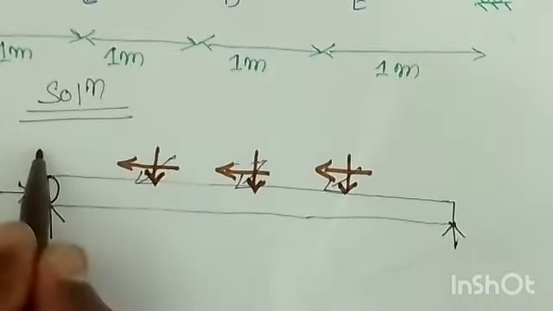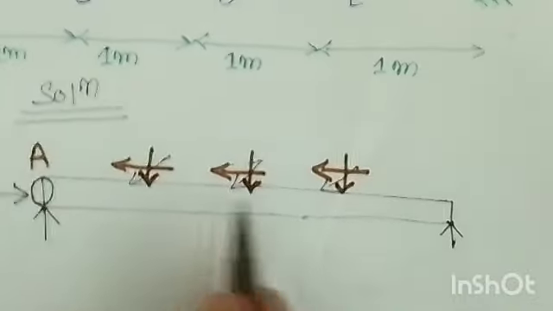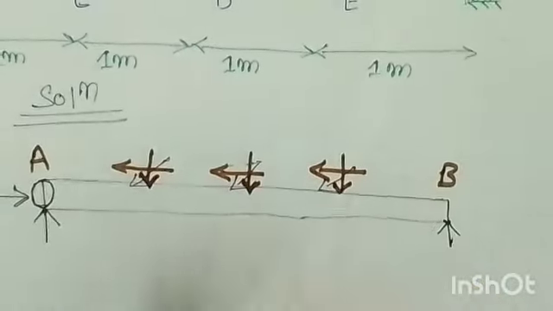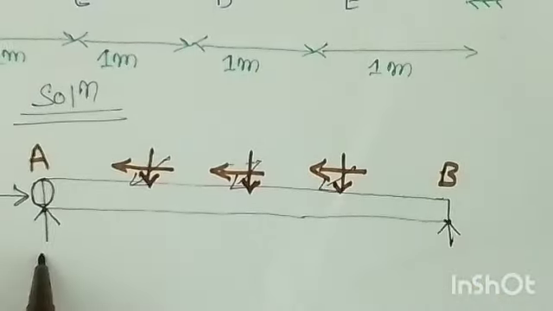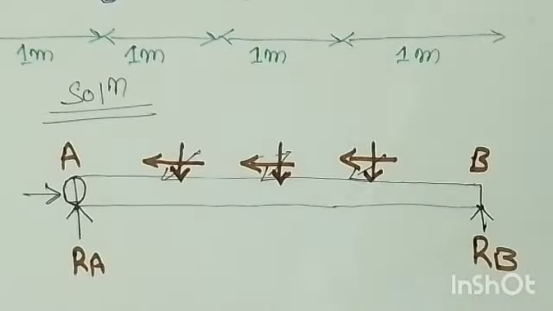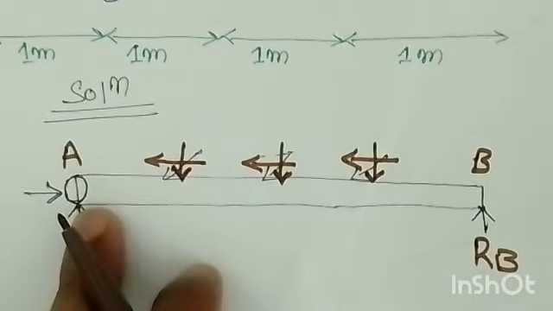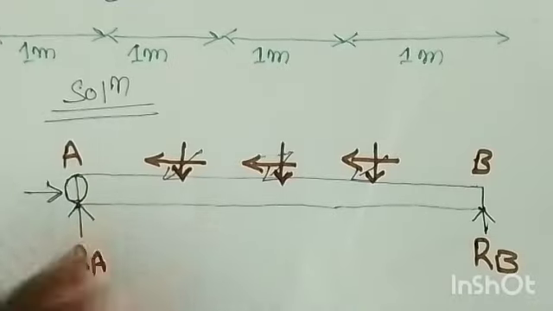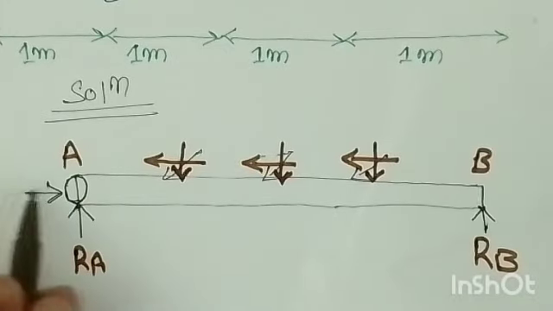Let's say the beam name is A here and this is B. The vertical reaction at A is nothing but RA and the vertical reaction at B is nothing but RB. As at A you have a hinged support, because of the hinged support the horizontal reaction will act at A.